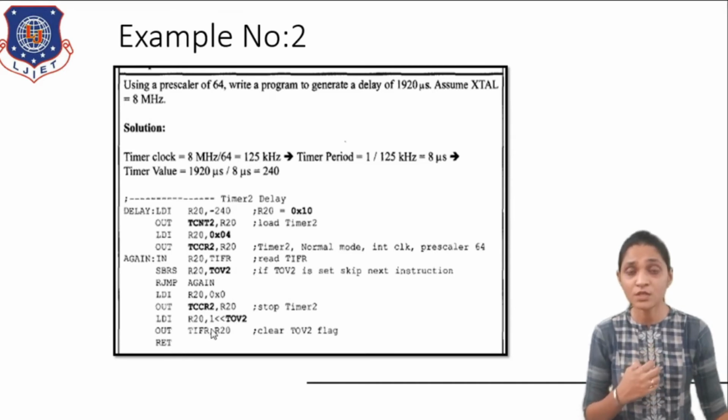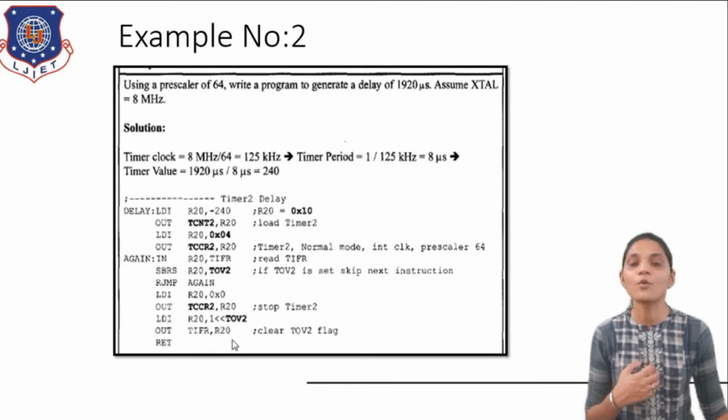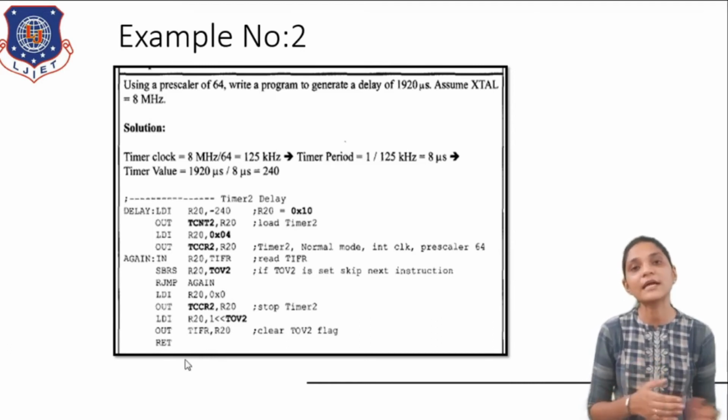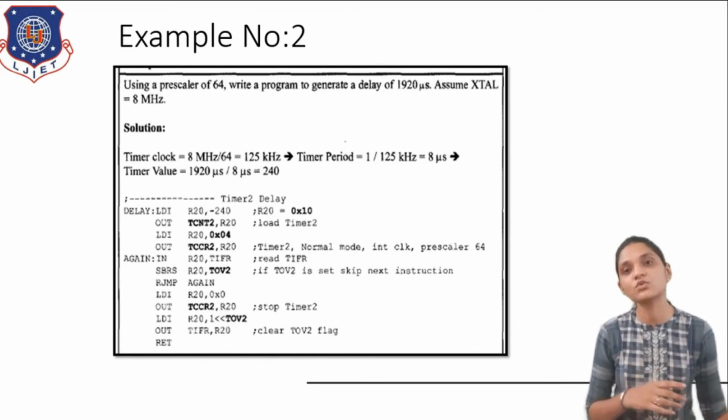Okay, so it will set the flag bit inside register 20, and after this we have to send it to the TIFR, so your flag is going to be cleared. So we have to use here OUT TIFR, R20. It will clear the flag TOV2 for this timer 2 and then return to the main program.